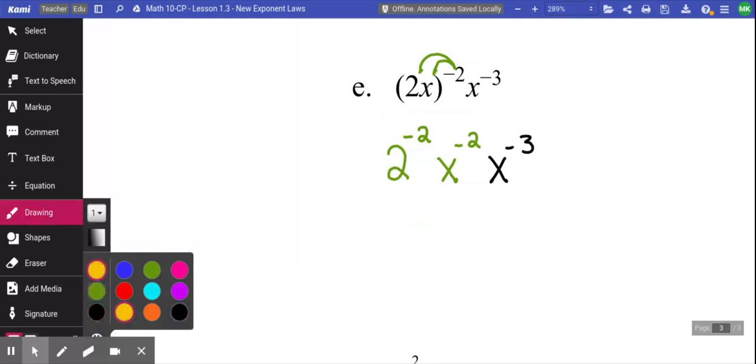Then I recognize I have 2 x's. Those things should combine by adding the exponents. Negative 2 and negative 3 will add to become negative 5.